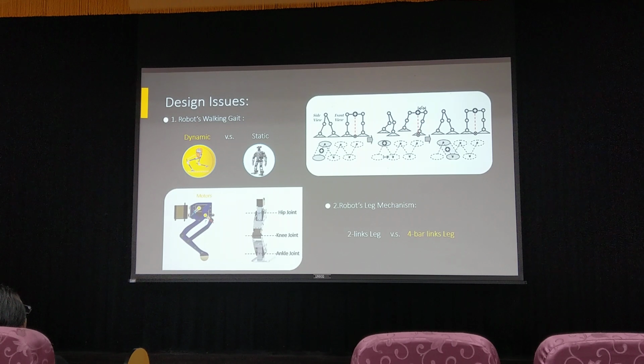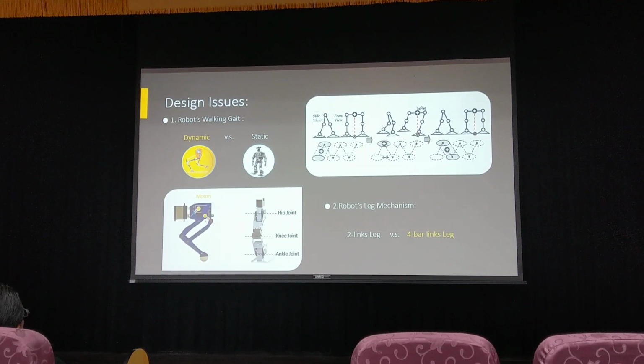And dynamic walking is where you get some benefit from controlled falling and get more momentum. Like the OP3 in our lab, the leg is formed of two links and the motor is in each joint.